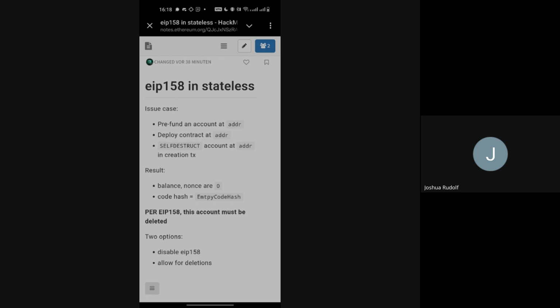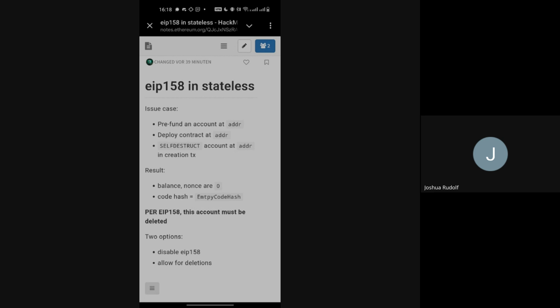But now this comes back on the table. Do we want to disable EIP 158, or do we want to allow for deletions in the Verkle tree? Knowing that deletions in the Verkle tree is something that the Geth team is pushing for a lot. This is something that should be discussed at the workshop in Bangkok.